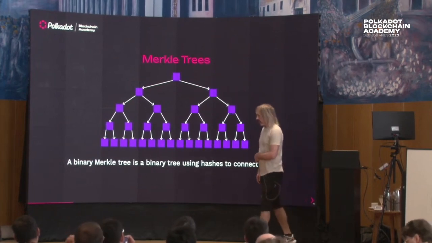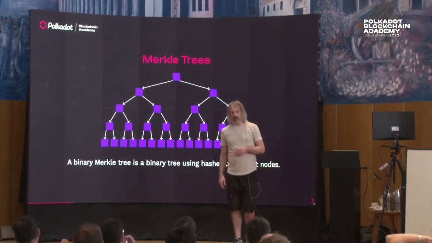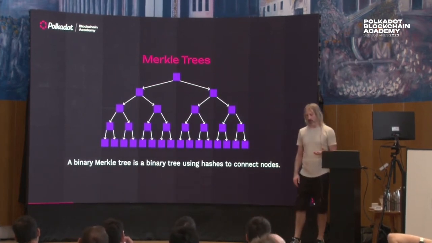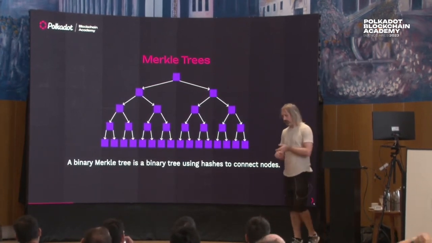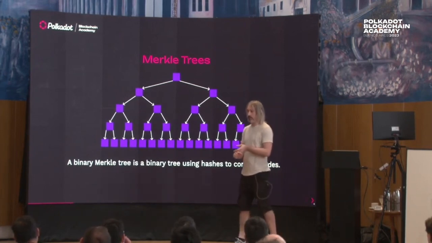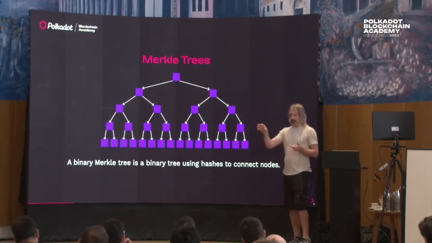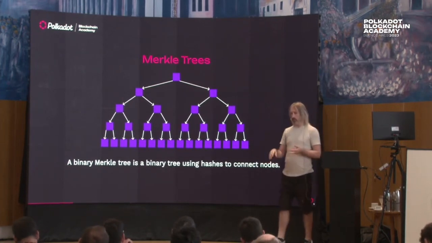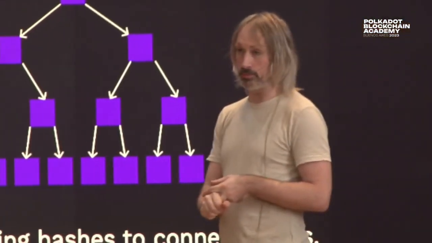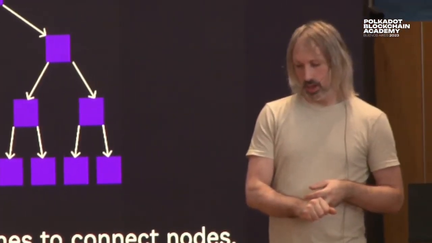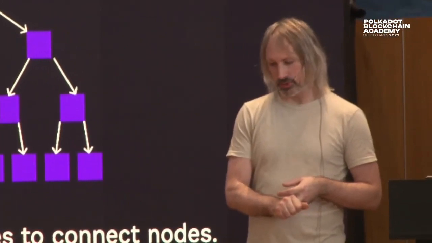I don't think anyone's got an especially good answer to this, but most of the answers revolve around one of two things. Either there could be some form of micropayment, either made by the light client itself or made by the blockchain on behalf of light clients. The micropayment could be a payment channel.